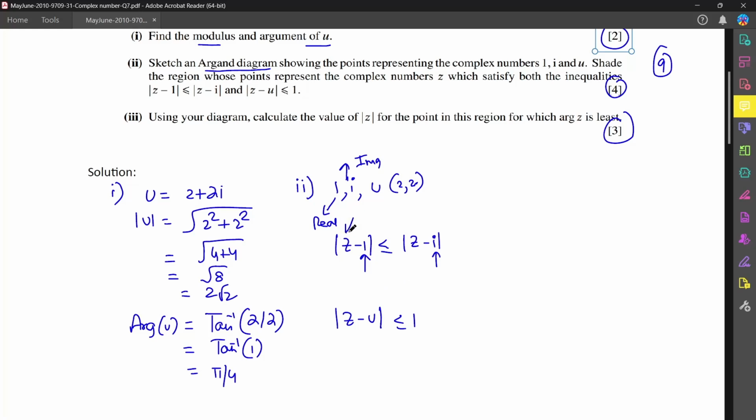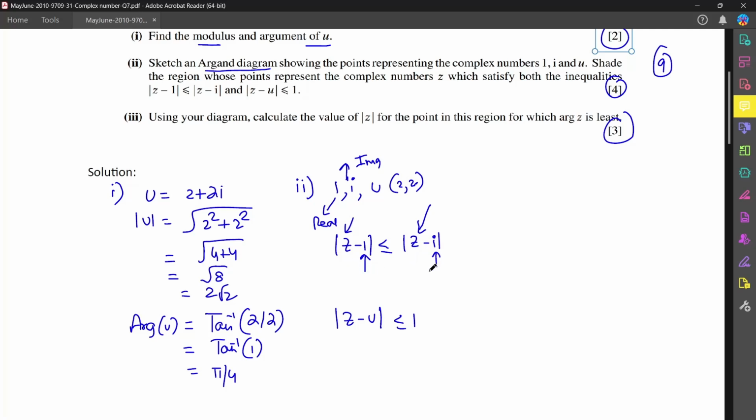The modulus of z minus 1 means the distance of z from 1, and here the distance of z from i. So it's saying the distance of z from 1 is less than, which means closer to 1 rather than the distance of z to i. So that's what it means.